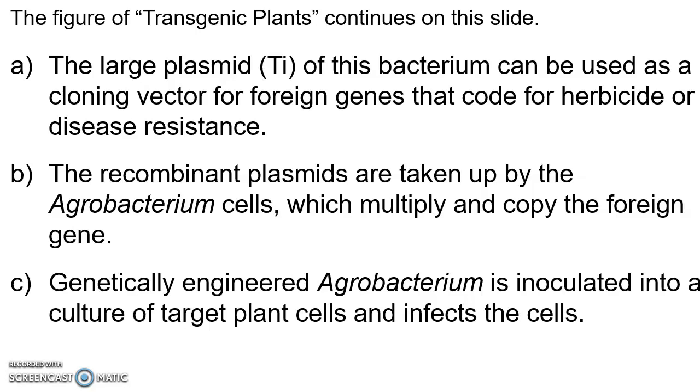The Agrobacterium cells take up the recombinant, or modified, plasmids, and then they multiply and copy the foreign gene. The genetically engineered Agrobacterium is then inoculated into a culture of target plant cells and infects the cells.